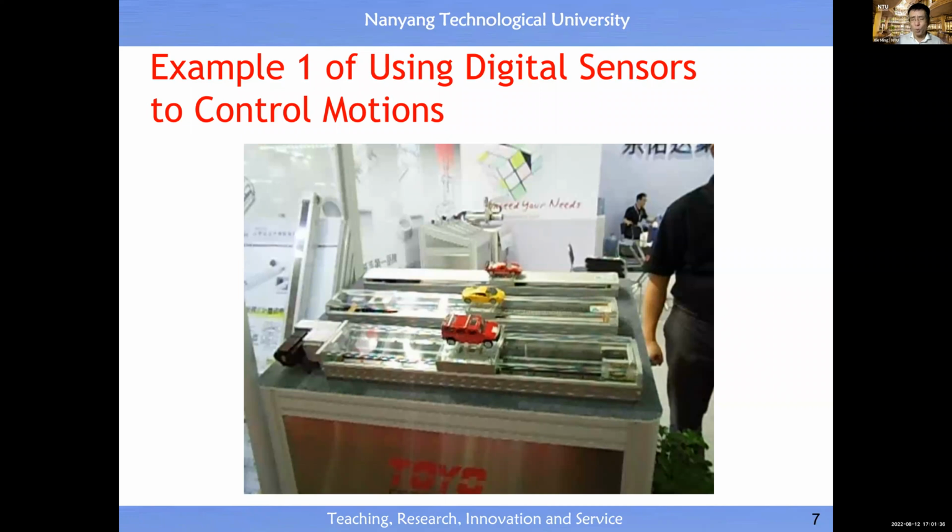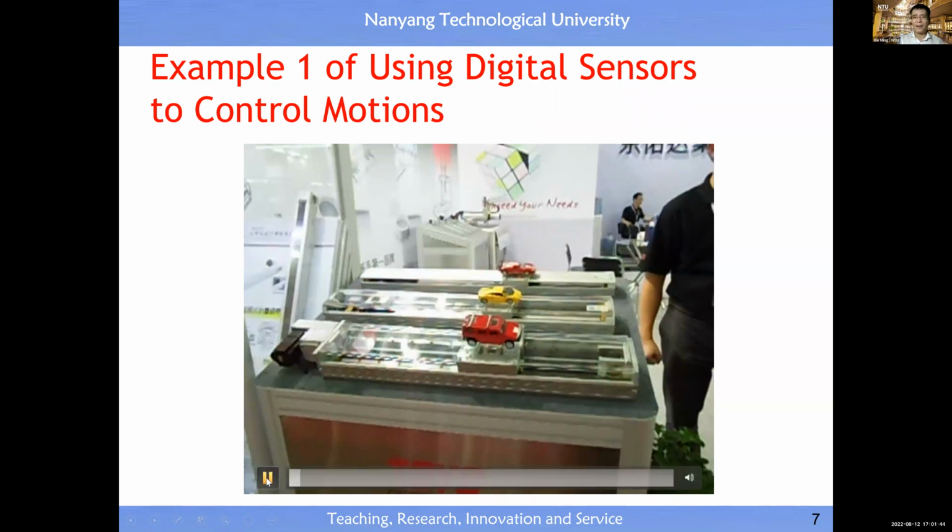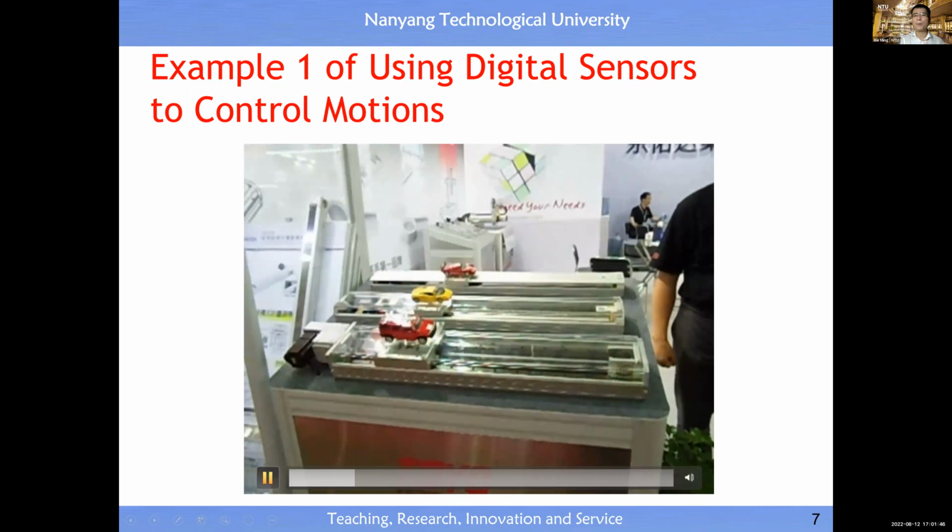a string of square waves, right? And this is needed to achieve these kinds of linear motion control. If you see this video, this actually is a linear position control, right?